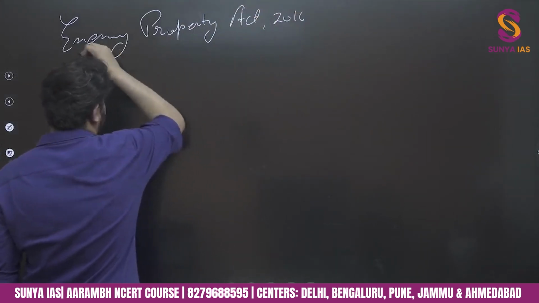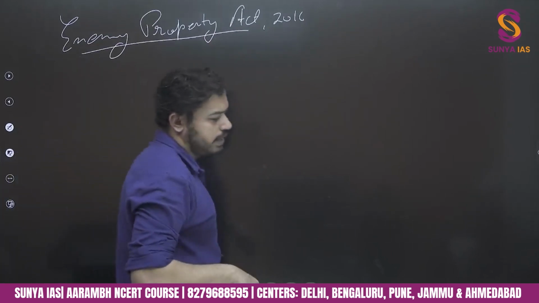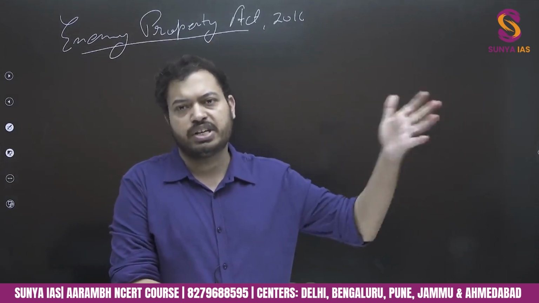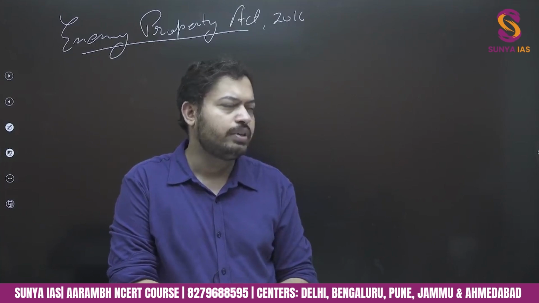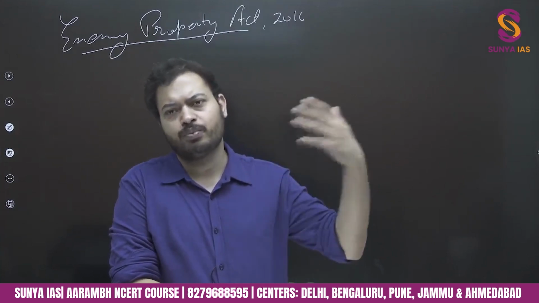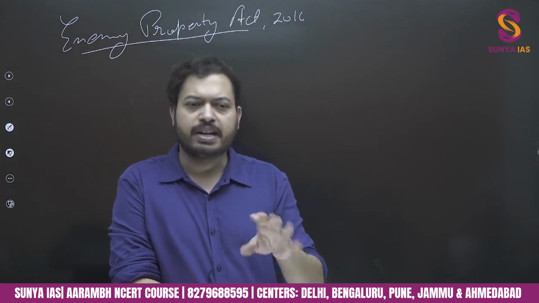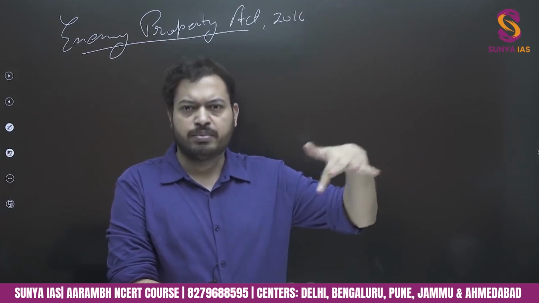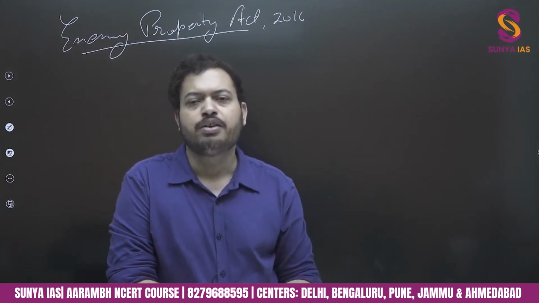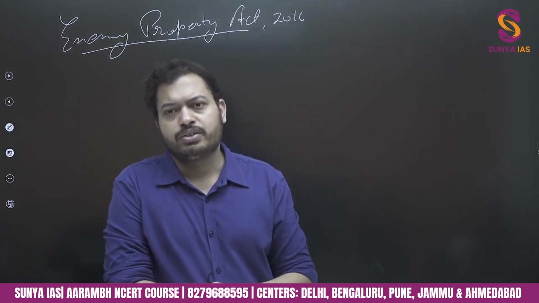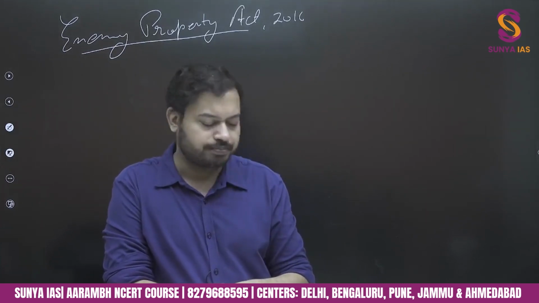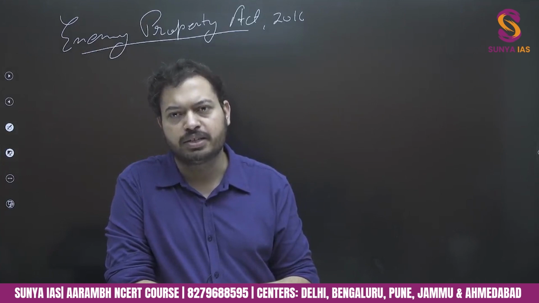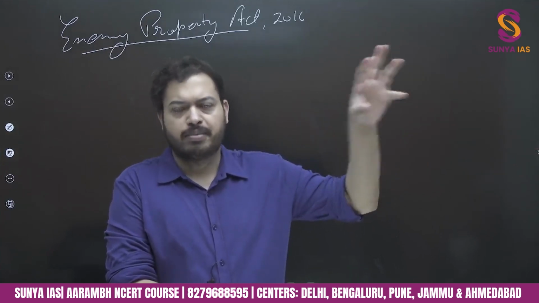It basically states that if there is a property owned by someone who is now a citizen of an enemy state, any state with whom we don't have friendly relations and have fought in the past, then the government can take it over. For example, right now China and Pakistan; the Government of India can also declare any other state an enemy state.